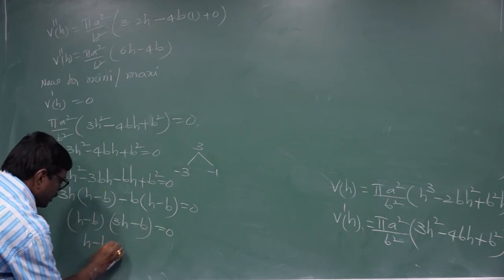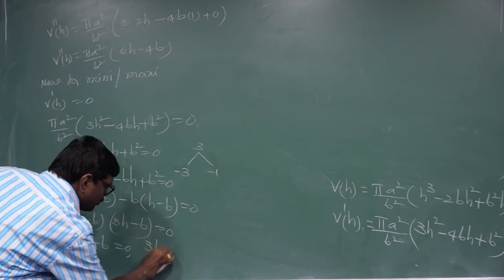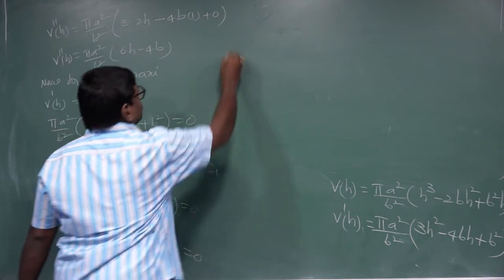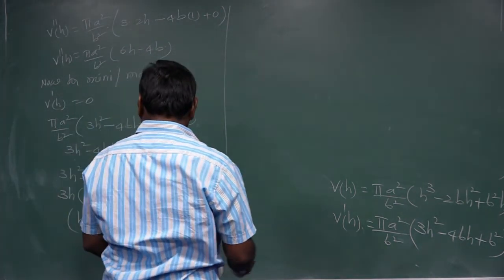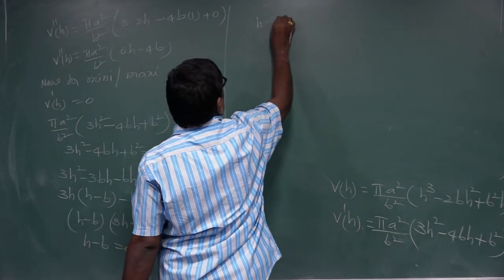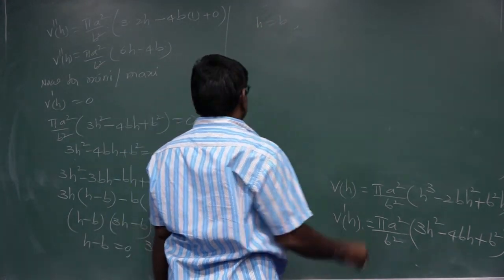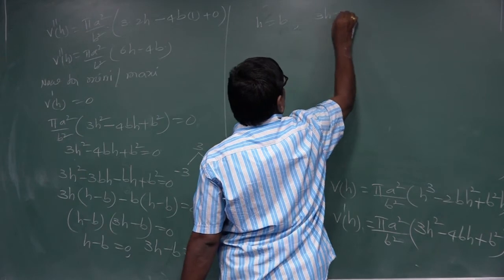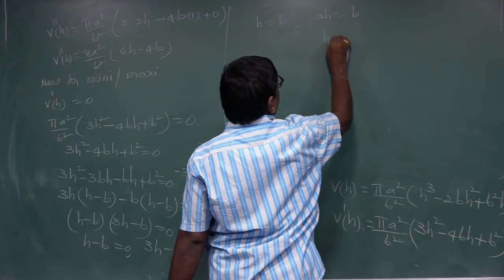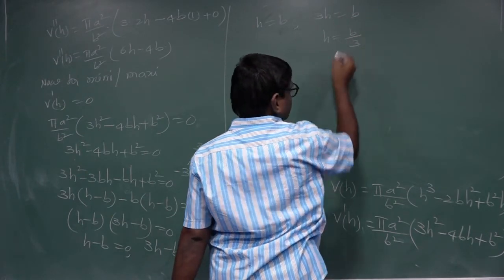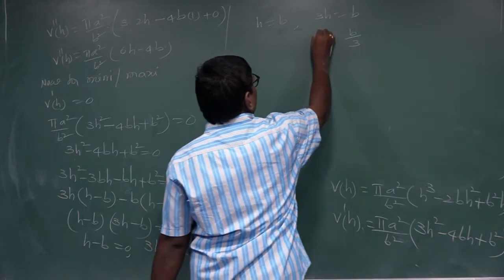H minus B equal to 0 or 3H minus B equal to 0, so H equal to B or H is equal to B by 3.